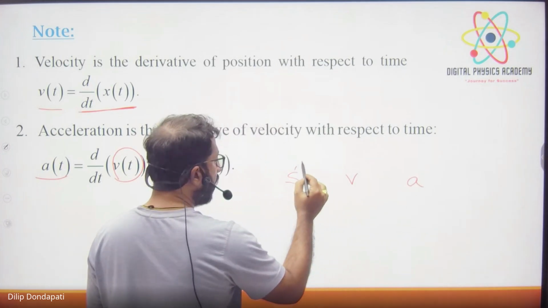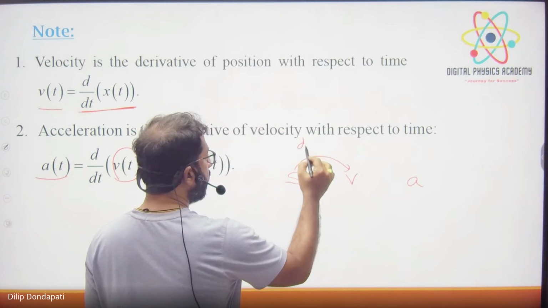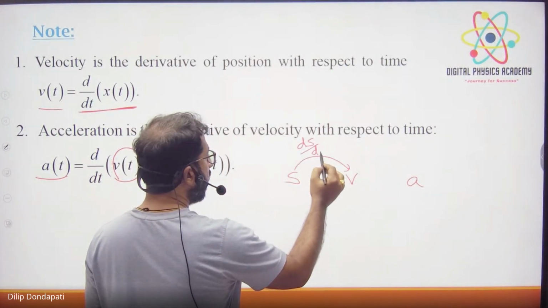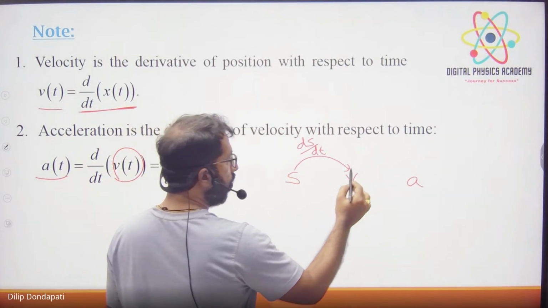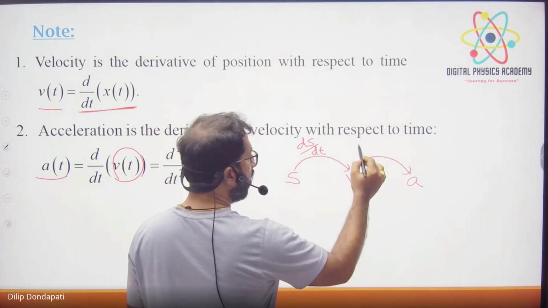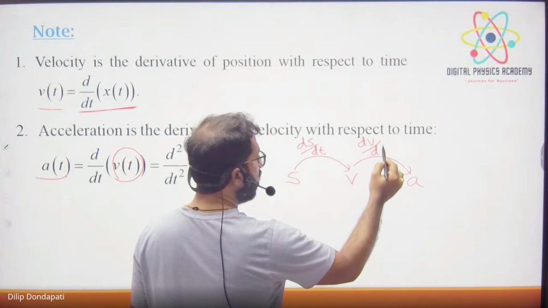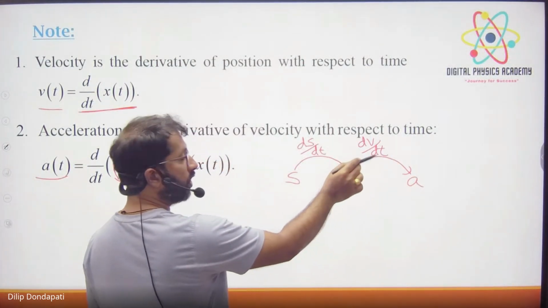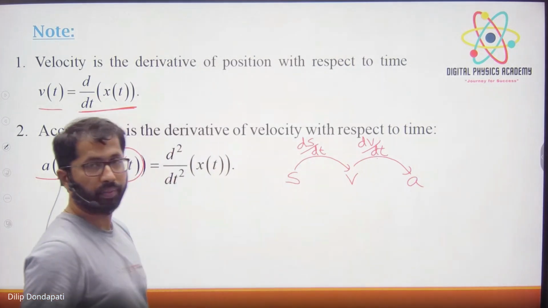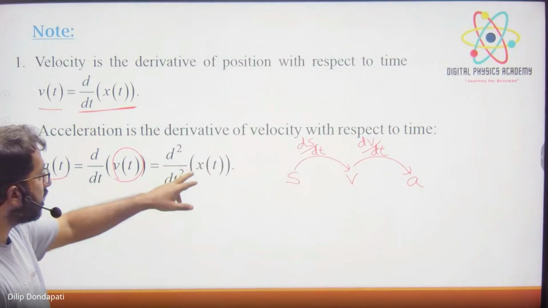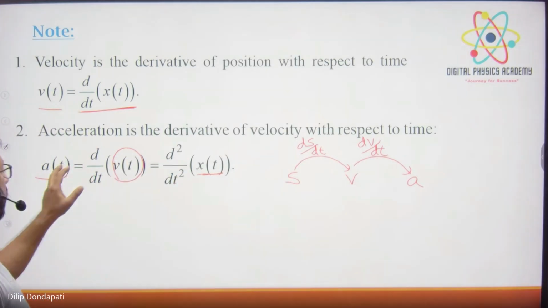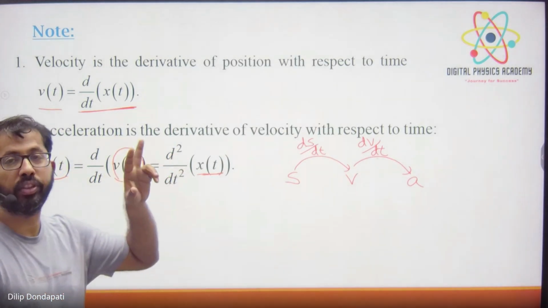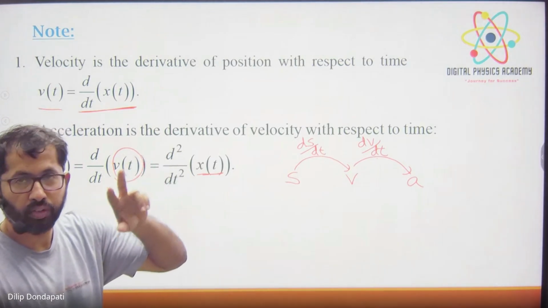When you differentiate displacement, ds by dt, you get velocity. When you differentiate velocity, dv by dt, with respect to time, you get acceleration. If displacement is given in terms of time, how to get acceleration? You have to differentiate 2 times.